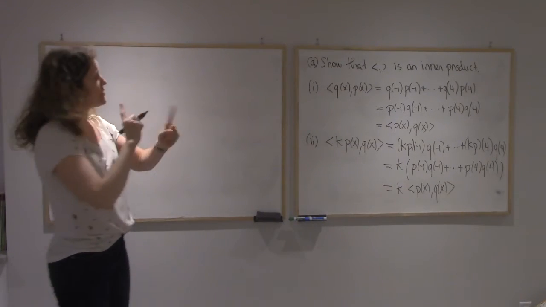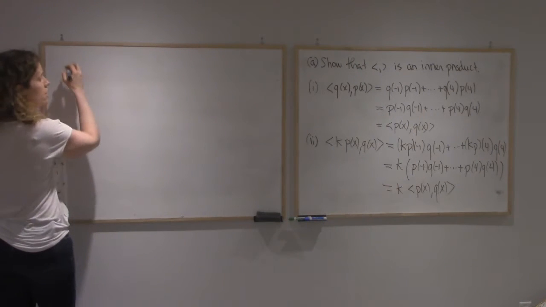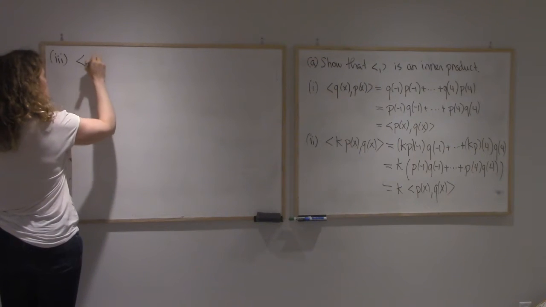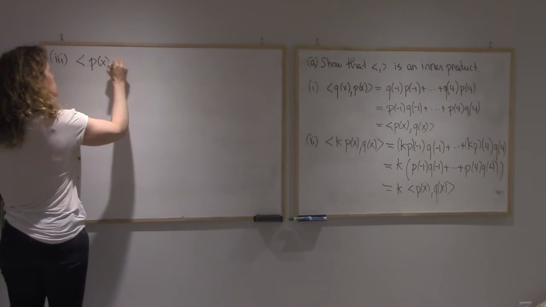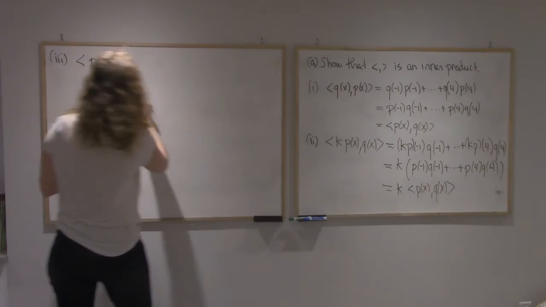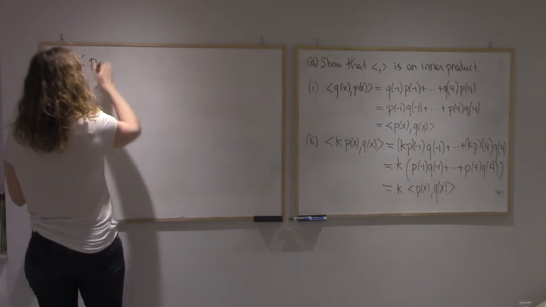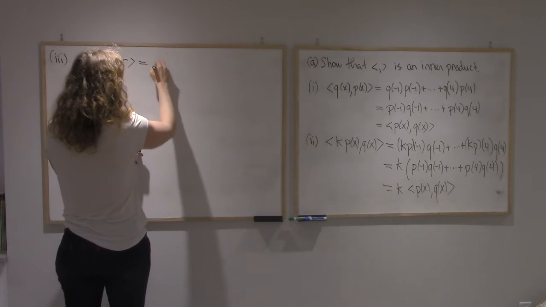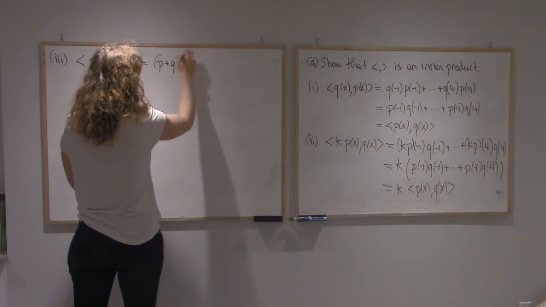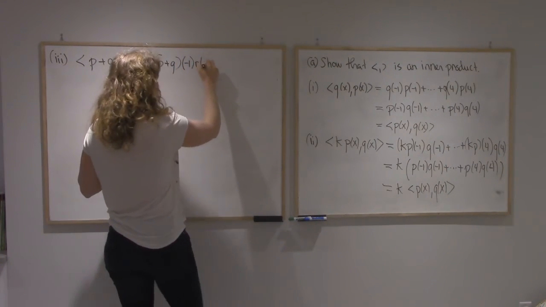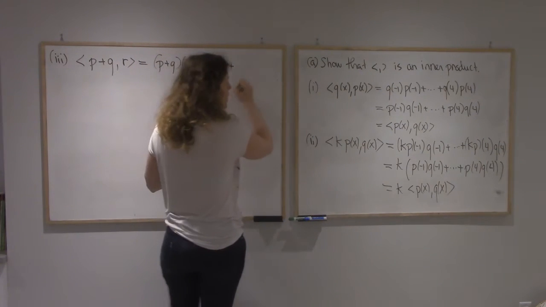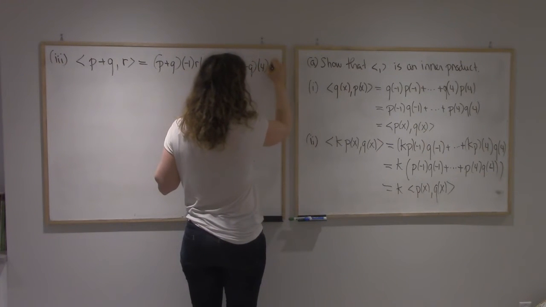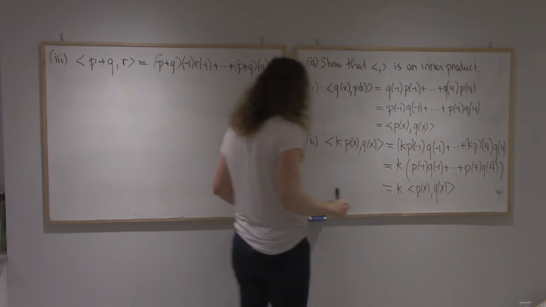Third property is if I have a sum in one of the spots, I can split it. So let me put P plus Q here, and then R. So this will be P plus Q of minus 1, R of minus 1, and all the way to P plus Q of 4, R of 4.